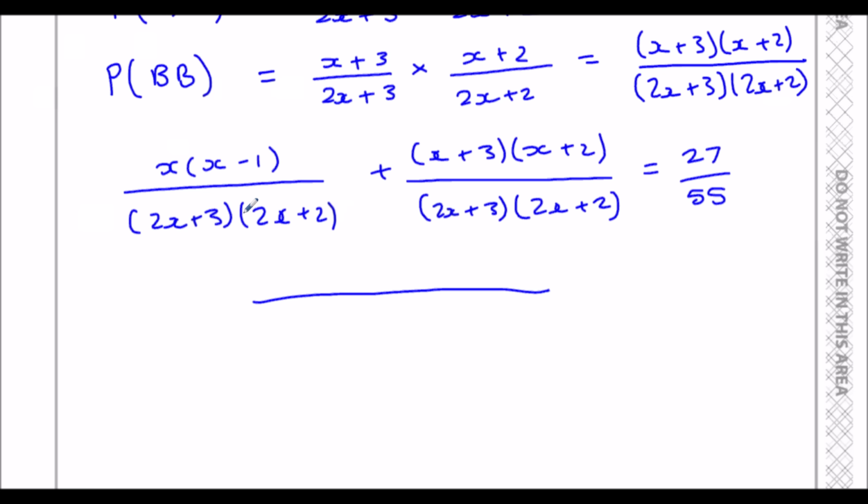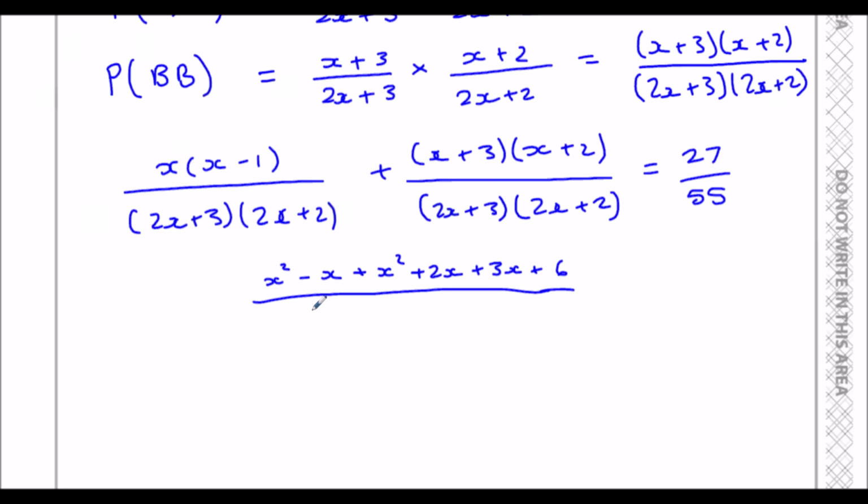So if I expand the brackets as I go, so x times x is x squared, x times negative 1 is negative x, x times x is x squared, x times 2 is 2x, 3 times x is 3x, and 3 times 2 is 6.